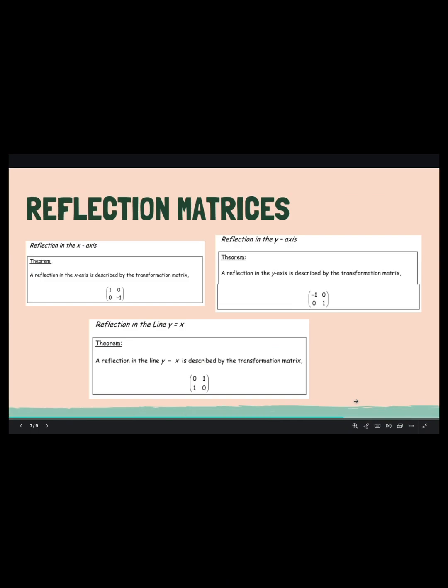Next, reflection matrices. There are three reflection matrices. First, reflection in the x-axis. The theorem: a reflection in the x-axis is described by the transformation matrix 1, 0, 0, -1. For the y-axis, a reflection in the y-axis is described by the transformation matrix -1, 0, 0, 1. The third reflection is the line y equals x.